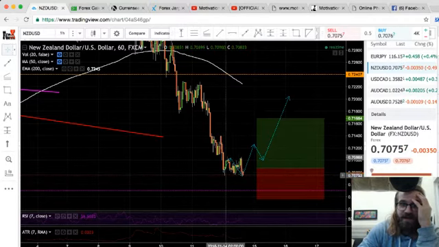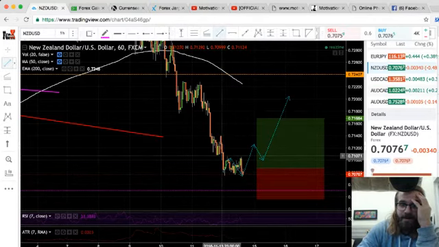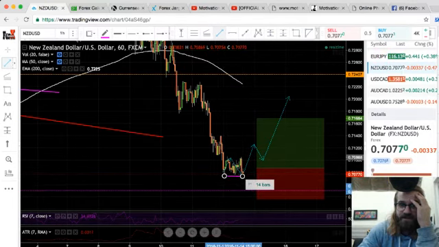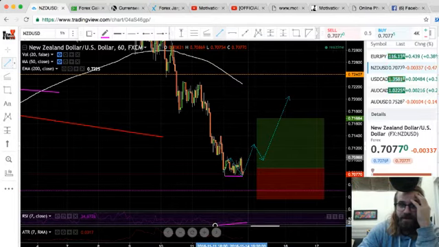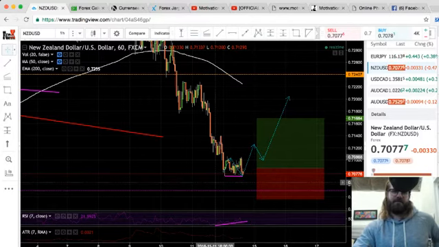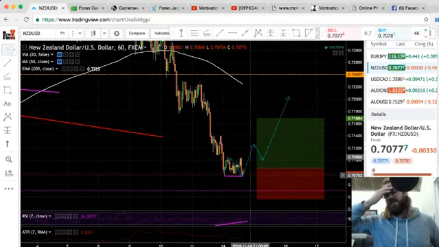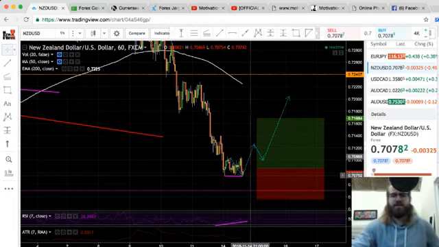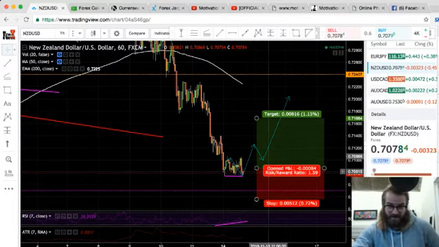We're definitely gonna get the divergence here. Boom. So I would rather take the long on the New Zealand than on the euro right now.